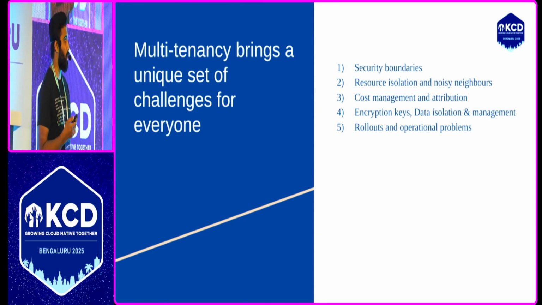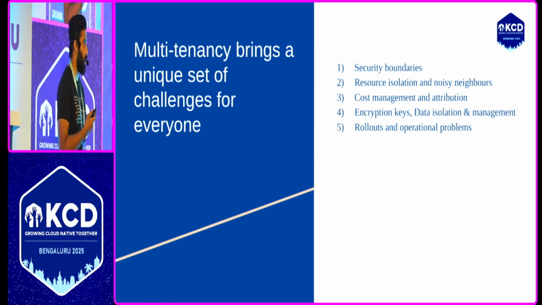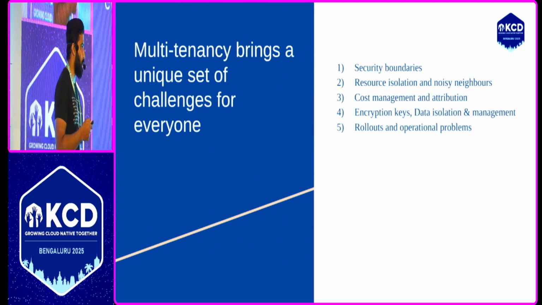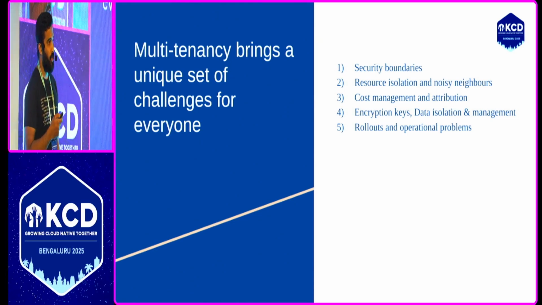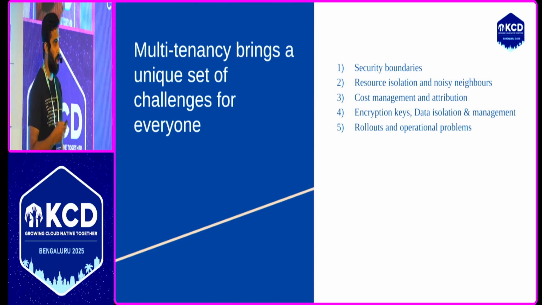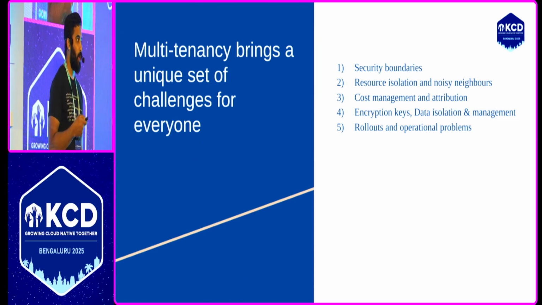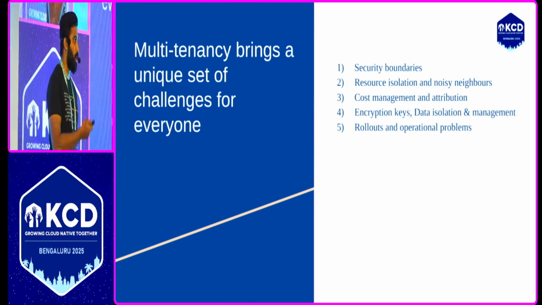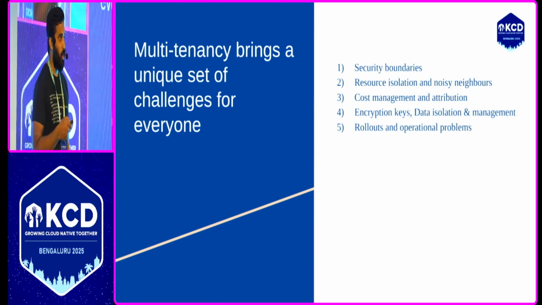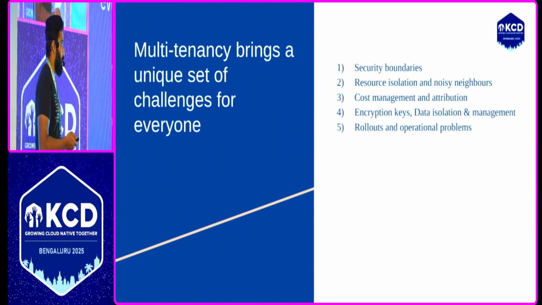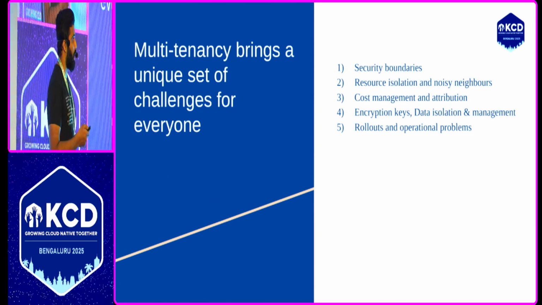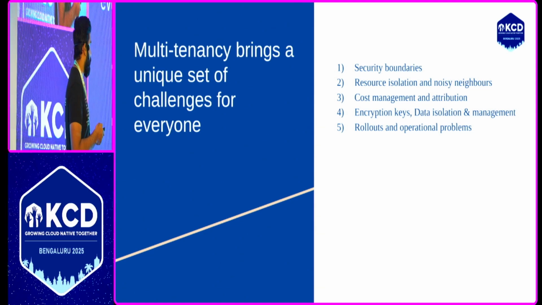So the resources that are allocated for one tenant should not affect another tenant with noisy neighbor problems, or even you should be able to identify how much one tenant costs the organization. So if there's one tenant that is using the application more than another, you should be able to identify that tenant is costing more than the other and attribute that cost back to the tenant.